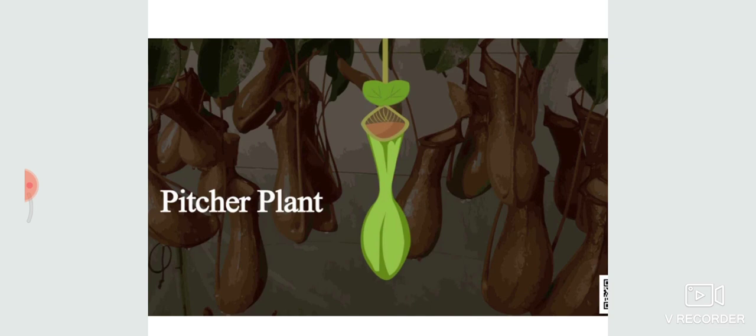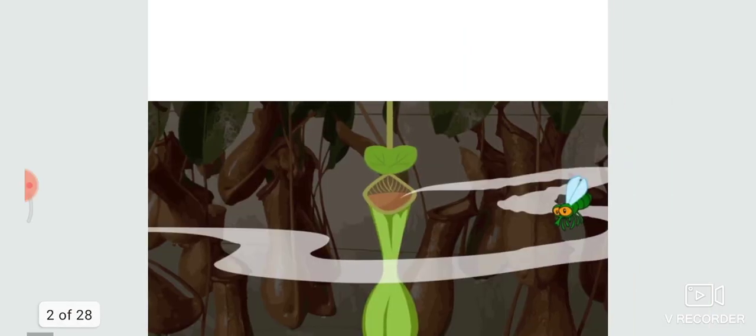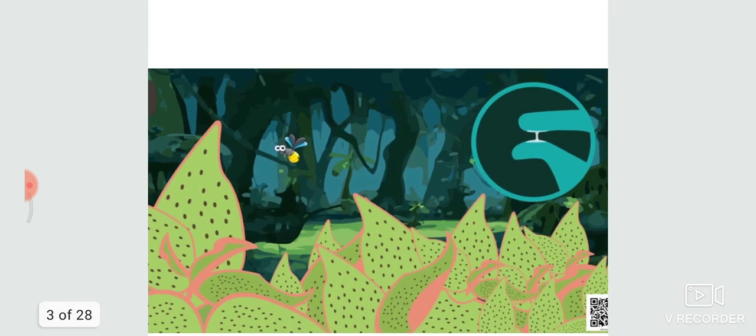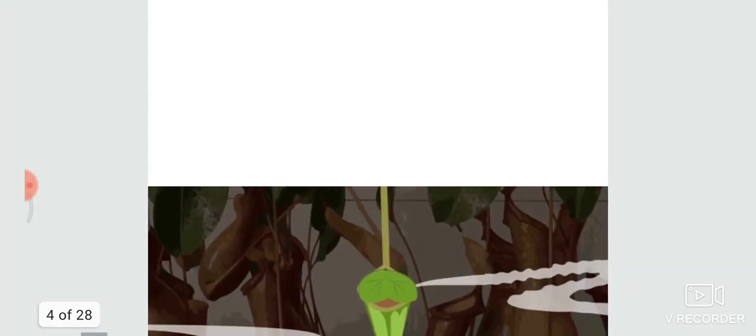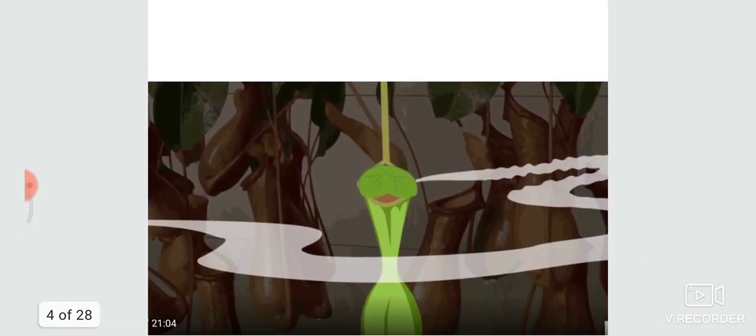The pitcher-shaped leaves are filled with a strong-smelling liquid that attracts insects towards it. As soon as the insect enters the pitcher, it gets trapped between the hair-like structures present inside and the lid closes.